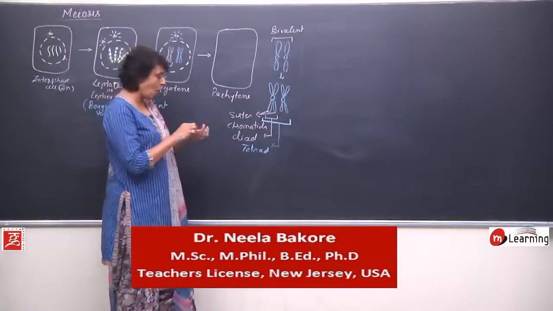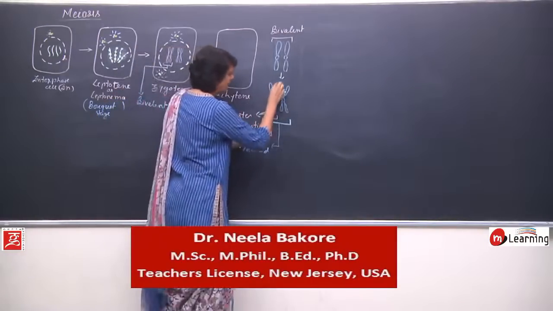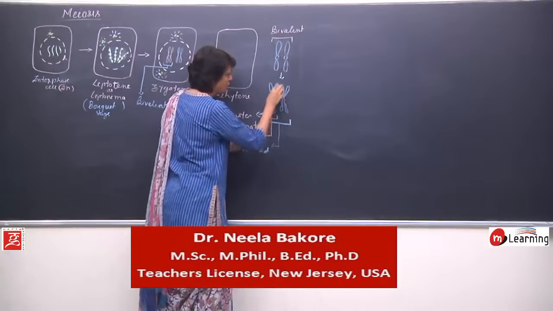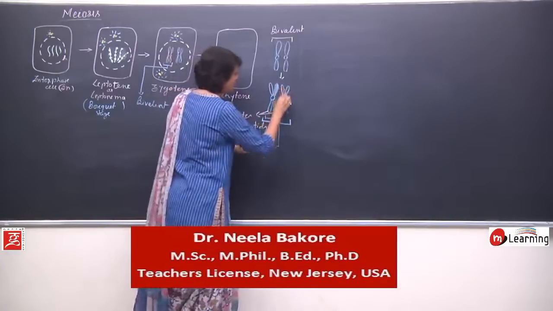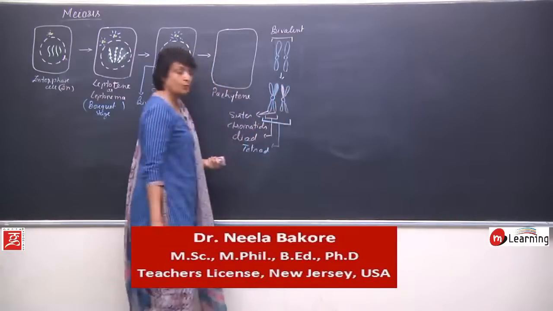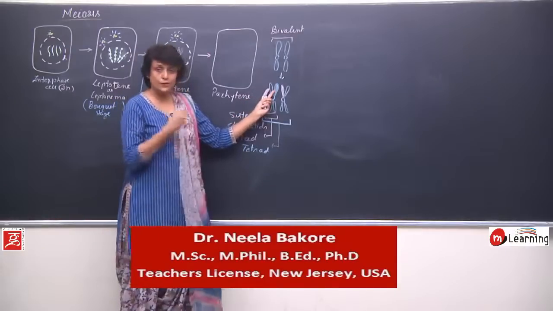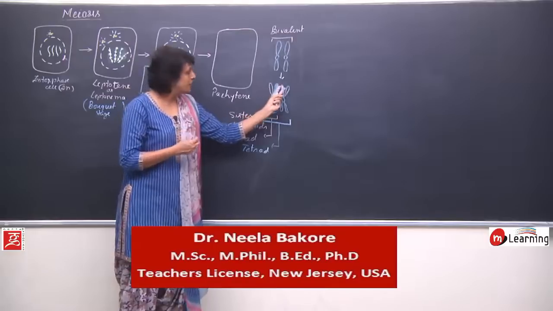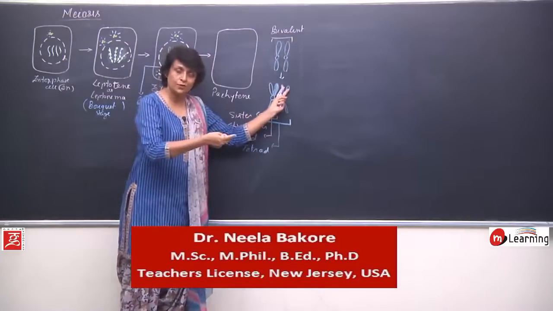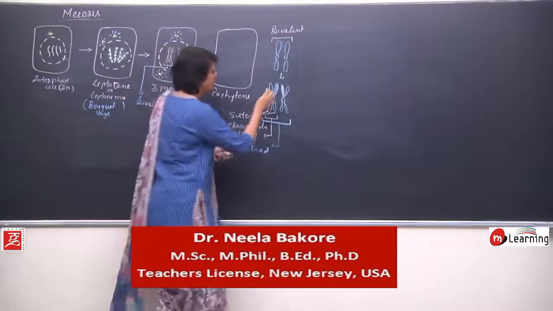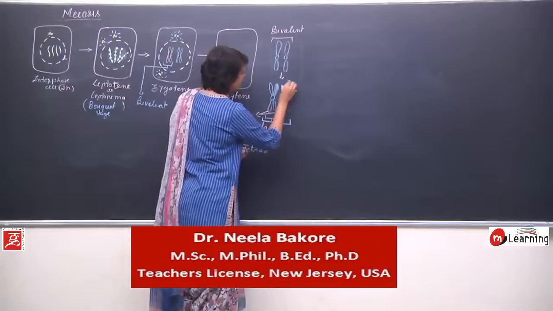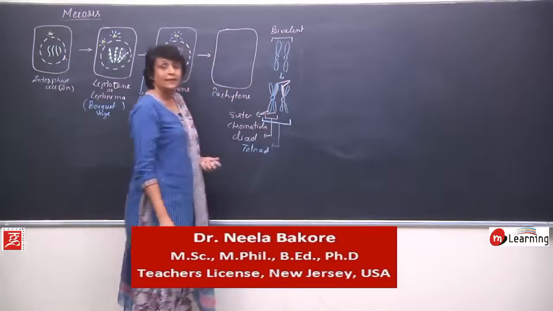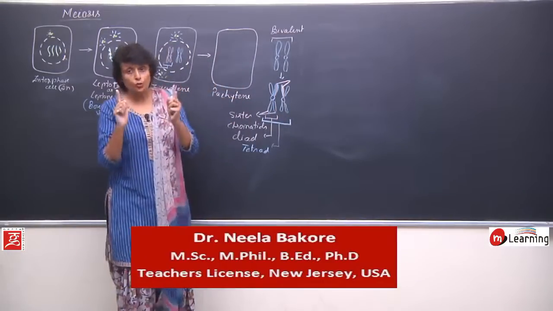Now what will we call a chromatid of one chromosome and a chromatid of another chromosome? The two chromatids of one chromosome are sister chromatids. These two chromatids of the other chromosome are also sister chromatids. But when you talk of this arm and this arm, these are chromatids of two different chromosomes.